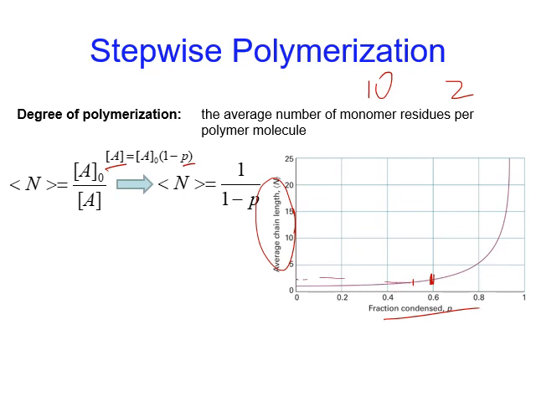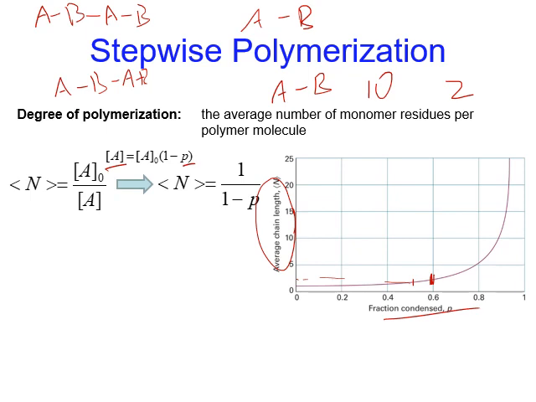Small length. The reason is that in stepwise polymerization, the polymerization can happen at any molecules. So here A polymerizes with B, but at another site, A, B can still happen, and here also happens. So the monomers grow at any place between two molecules.